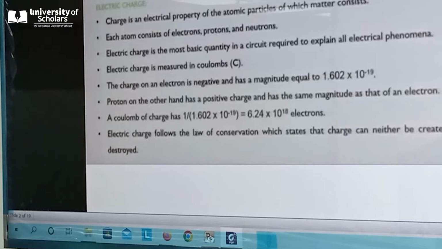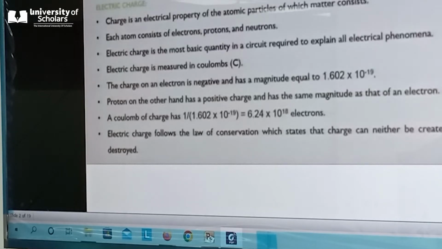So many atoms together form everything you see in front of you, okay? Inside an atom, you will see electrons, protons, and neutrons, right? The proton and neutron make the mass of the atom, and the electron revolves around it, okay?